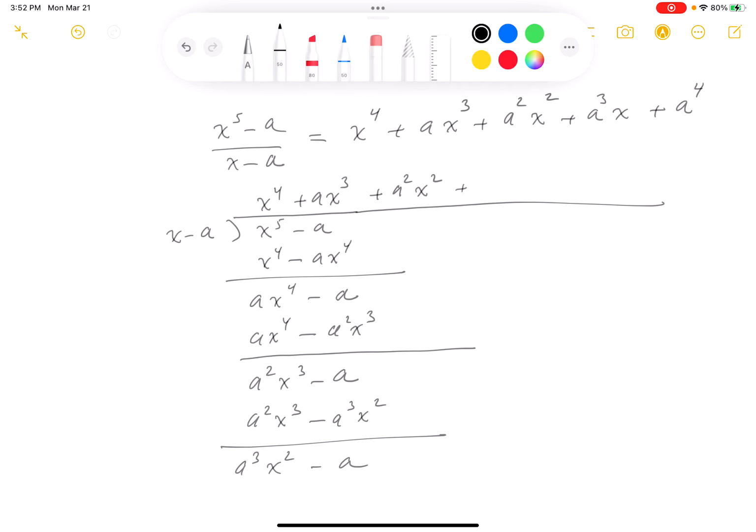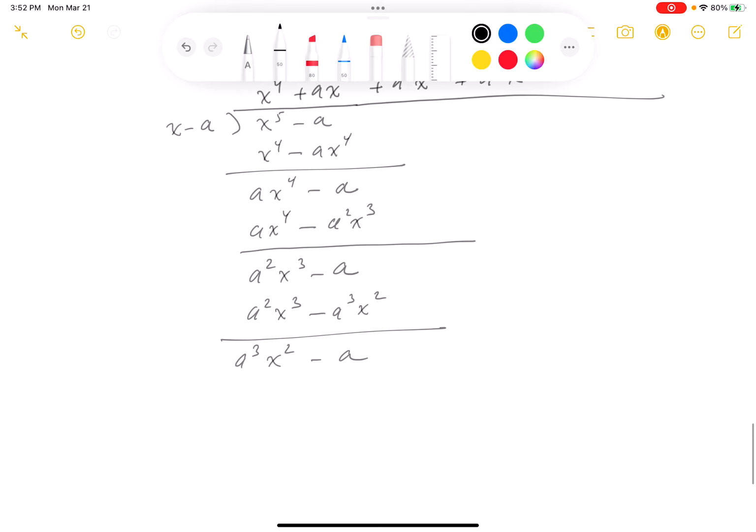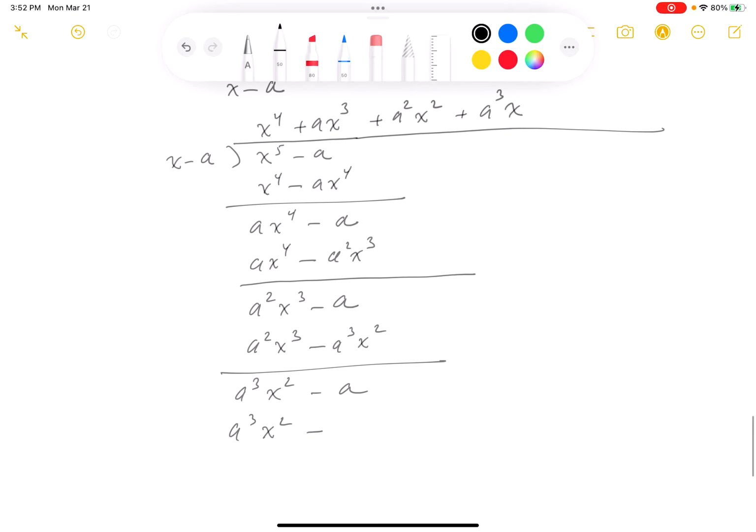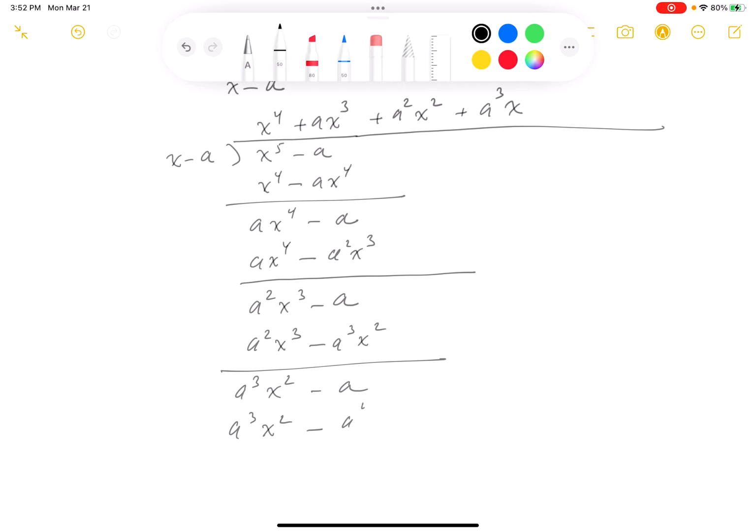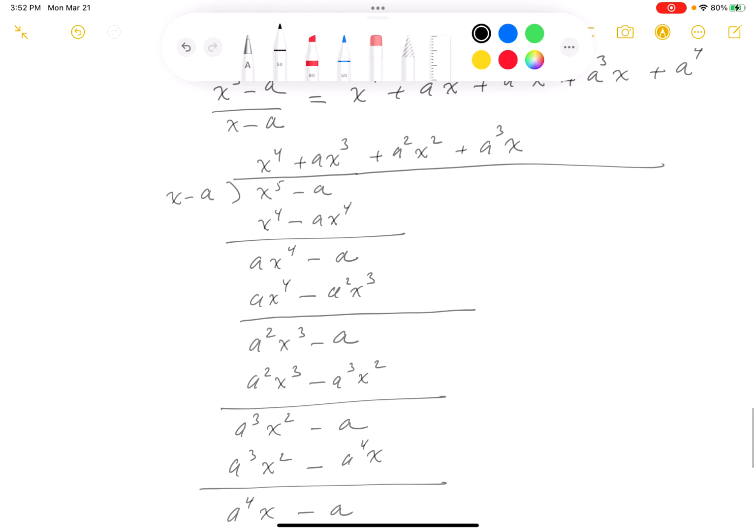Repeat, a^3 x. What do you get there? A^3 x^2 minus a^4 x. Subtract. And I got to write it down now, so it's going to be a^4, right?